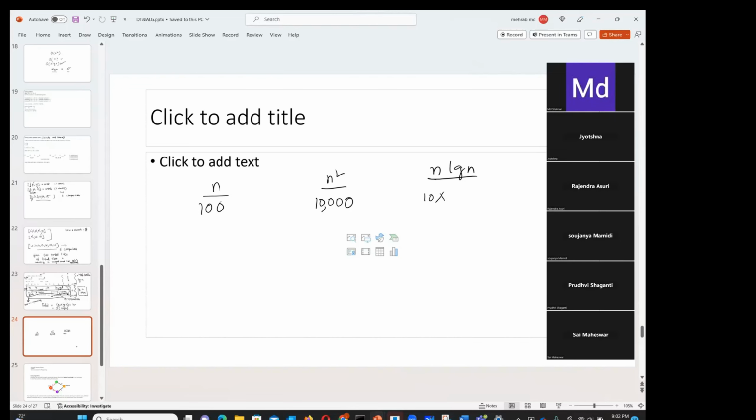Can anyone tell me what is log 100? What is the value of log 100?